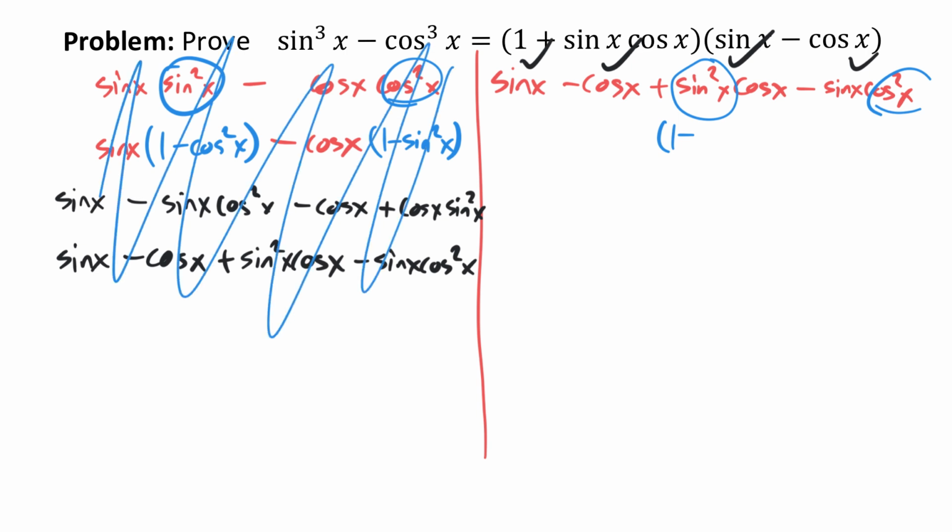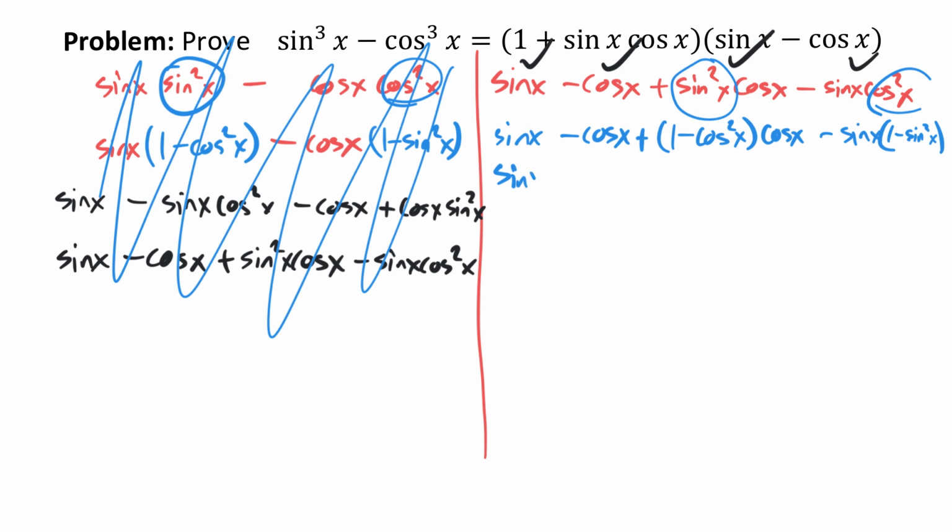And instead, I could have done 1 minus cos squared x, cos x. And here it would have been minus sine x, 1 minus sine squared x. Over here, I got sine x minus cos x. Now watch this.